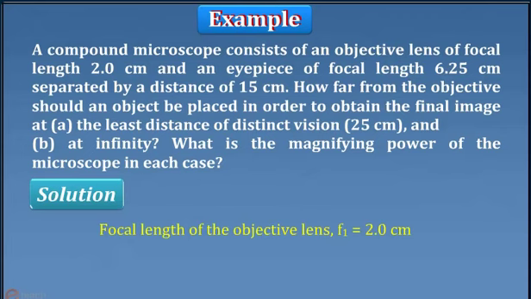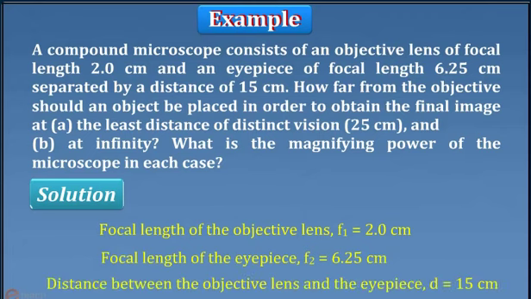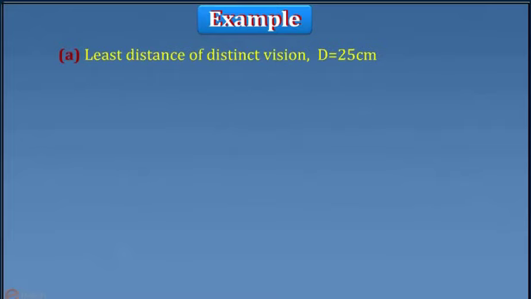Focal length of the objective lens is given to be 2 cm. Focal length of the eyepiece is given to be 6.25 cm. And distance between the objective lens and the eyepiece is given to be 15 cm. Let us consider case 1. Least distance of distinct vision d is equal to 25 centimeters.